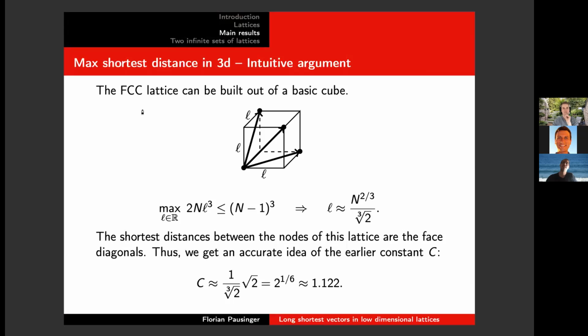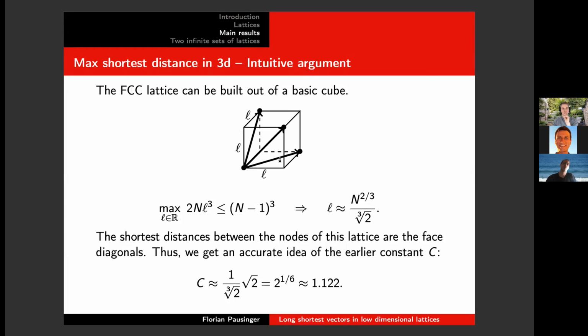Now, the FCC lattice can be built out of basic cubes. So if this is a cube, then it can be shown that the points in the FCC lattice are always lying at these 4 vertices of a cube. And between each pair of points, you have exactly this distance L, which is the shortest lattice distance here.